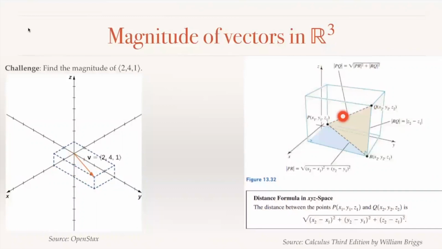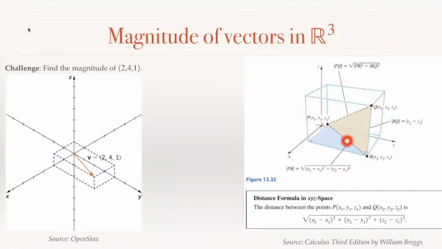Here is an illustration. How we can find its length is to first find this length, and that's a length in 2 dimensions. We know that the length of that is, by our previous definition of length using the Pythagorean theorem, the square root of the difference in the x coordinate squared plus the difference in the y coordinate squared. And then to find this length, we recognize that this is also a right triangle.